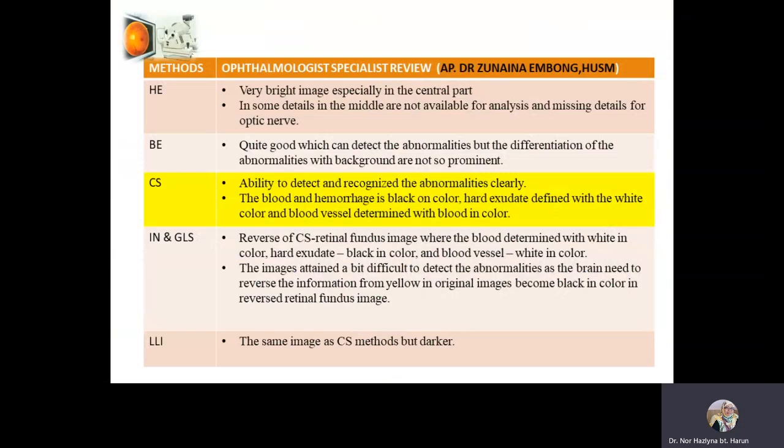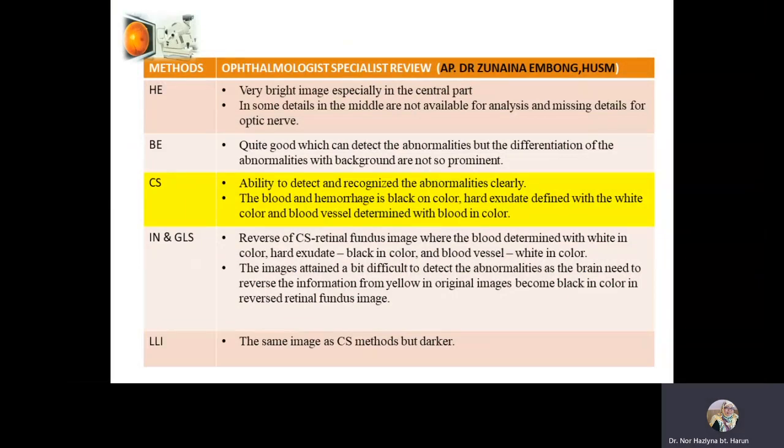For image negative and gray level slicing, it looks like the reverse of CS in the retinal fundus image, where the blood is determined with white in color, hard exudate black in color, and blood vessels white in color.